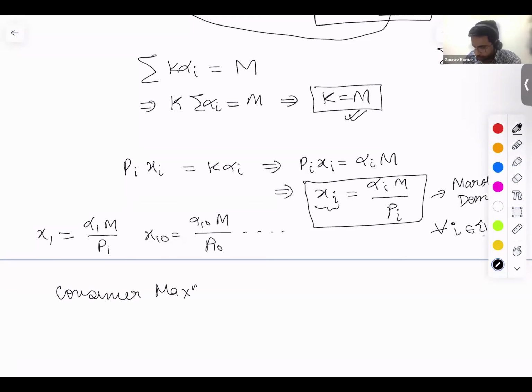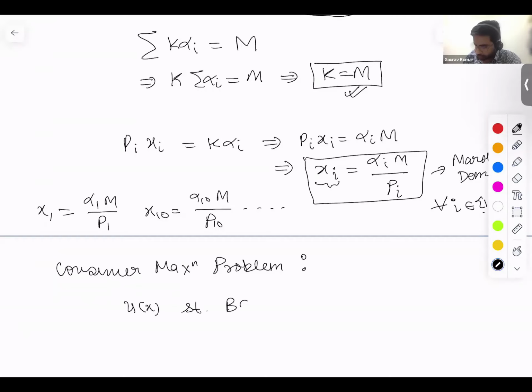the standard technique is that you are given some utility function u of x, which is subject to some budget constraint. You solve this problem using the Lagrangian, which we just did, and you get some x1 star as the optimal demand for good x1.